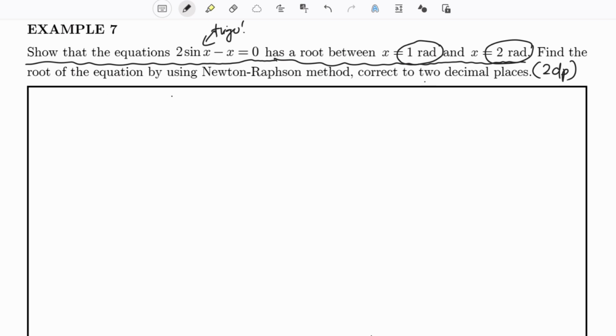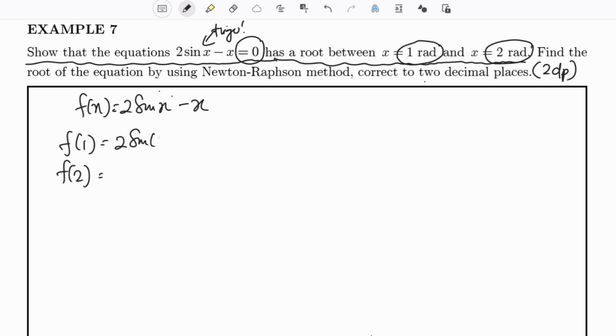So take out the function. Make sure the right side is 0. So f(x) equal to 2 sin x minus x. So f(1), f(2). Substitute into the equation, making sure you use proper brackets. Get the value. This will be 0.682, and this will be negative 0.181.